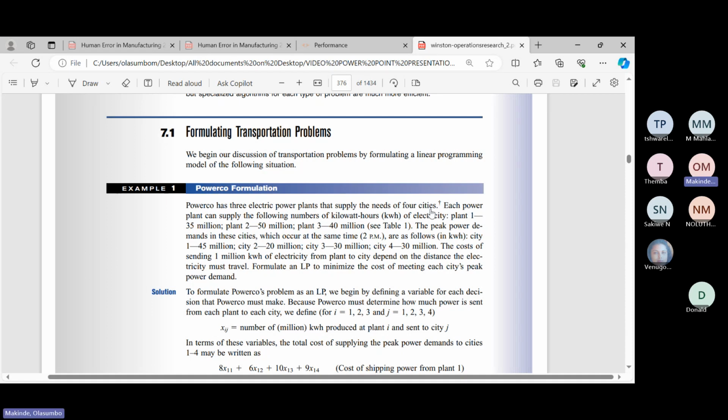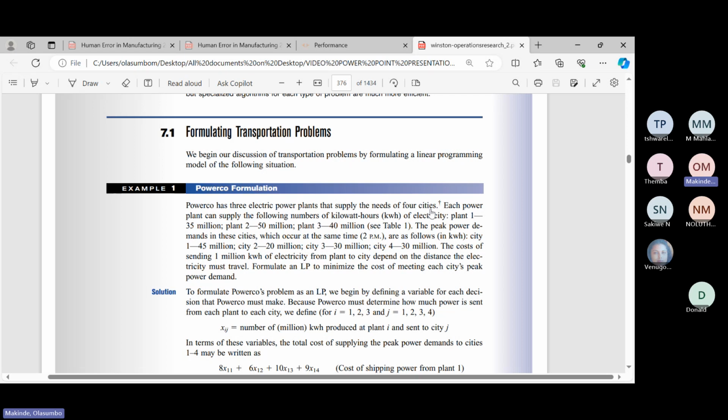So each of these plants, you look at it as a supplier in relation to the theoretical background I gave you. Plant 1 is the supplier to all these 4 cities. Plant 2, the capacity is 50 million, meaning that plant 2 can generate 50 million kilowatt hours of electricity easily. So that is the supply capacity for plant 2.